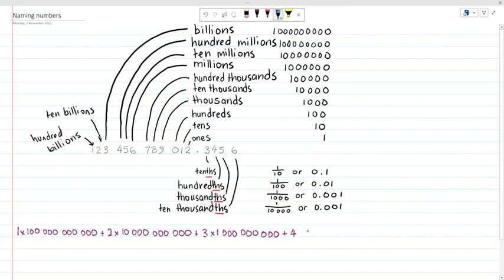Plus 4 lots of 100 million. Plus 5 lots of 10 million. Plus 6 lots of 1 million.